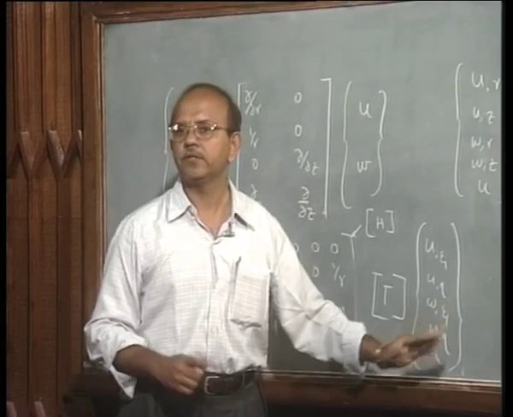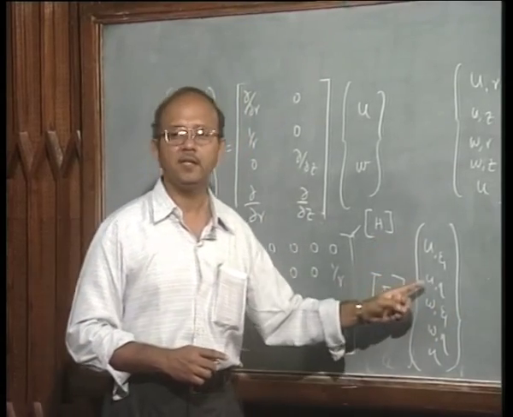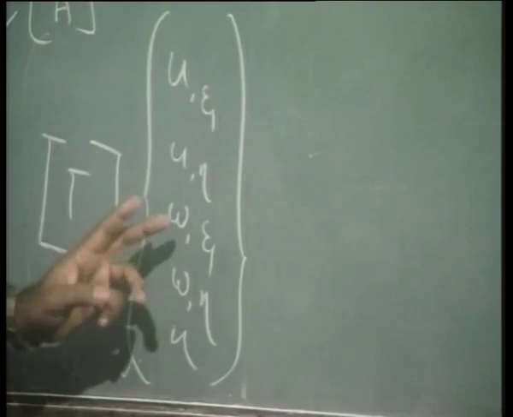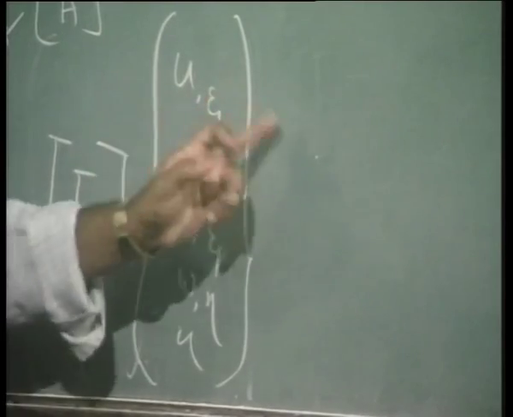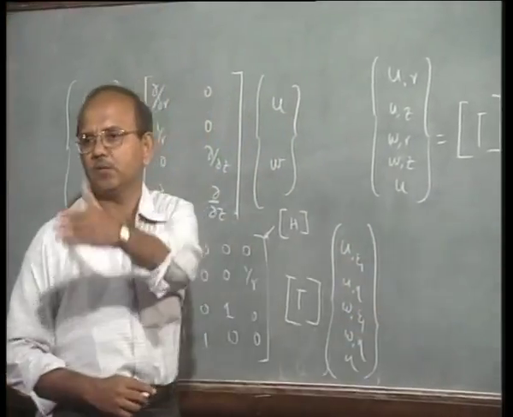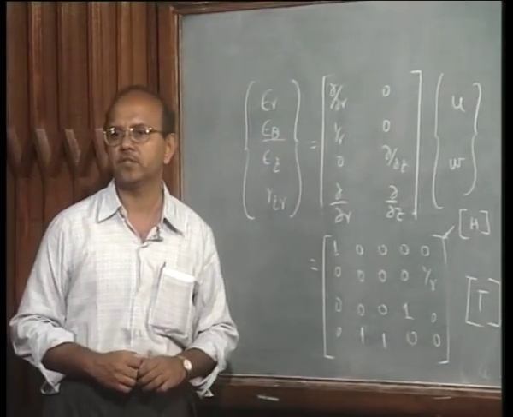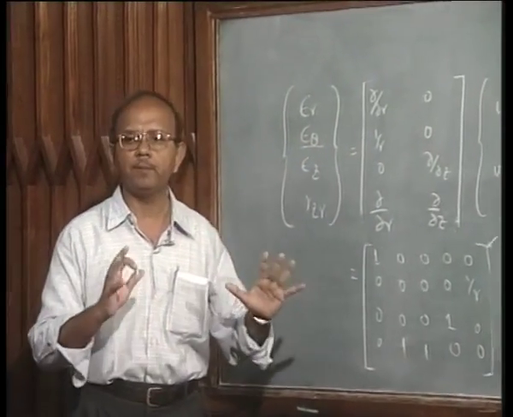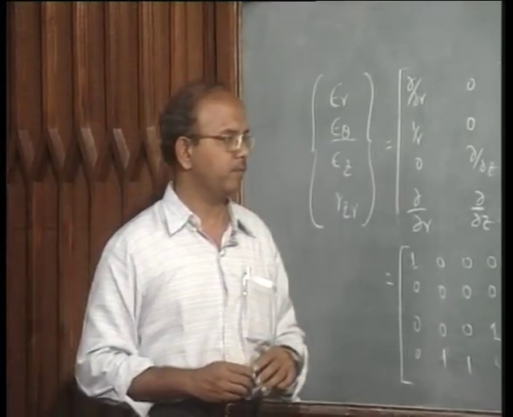Is that clear? So u comma psi, u comma eta, all these things will be replaced by n1 comma psi 0, n2 comma psi. I am not going to write it because it is exactly what you had written in your previous classes. So that will be my B matrix.